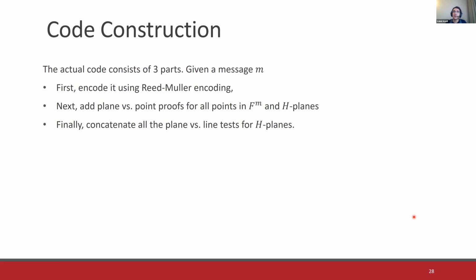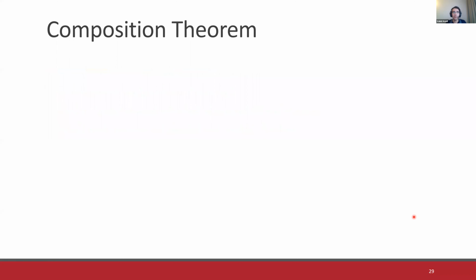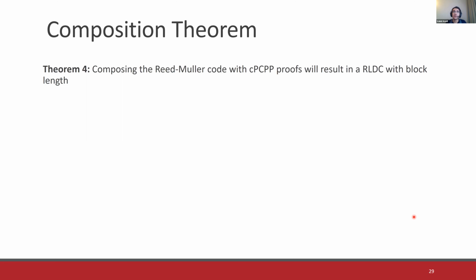Then you concatenate all the plane versus line proofs for all the edge planes that you see in this hypercube.